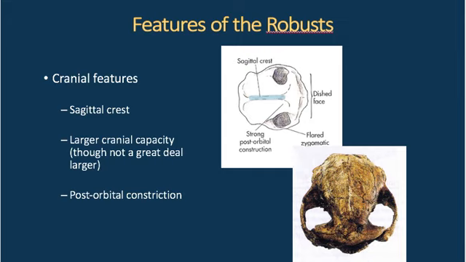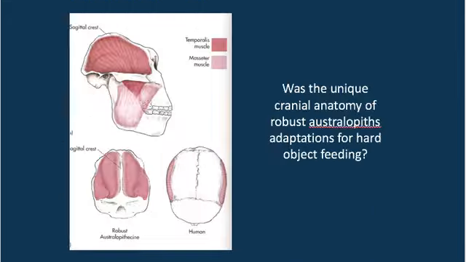So all of these anatomical changes, all of these alterations in the skull and the cranial features, are related to having large chewing muscles. The question on the slide was whether the unique cranial anatomy of the robust australopiths is an adaptation for hard object feeding.